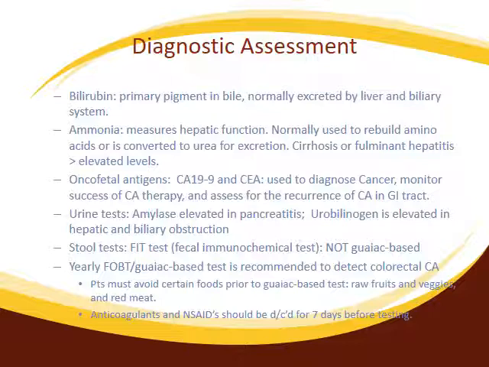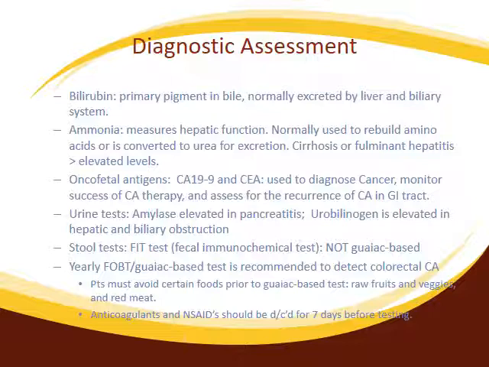Oncofetal antigens, the ones that they referred to in the book, were CA19-9 and CEA. These are used to diagnose cancer, monitor the success of cancer therapy, and assess for the reoccurrence of cancer in the GI tract. And reflecting back on our prostate lessons, we learned about that PSA, that is a test for not really diagnosing prostate cancer, but monitoring the success of therapy.